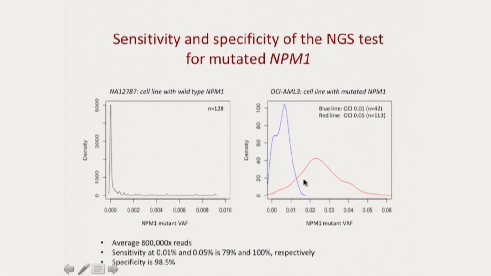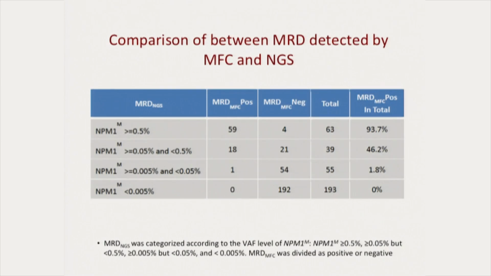For the positive control, we can detect 100% of the spike-in at 0.05%, and at 0.01%, we can detect most of the spiked positive controls.